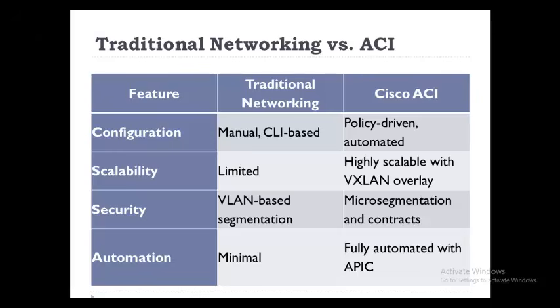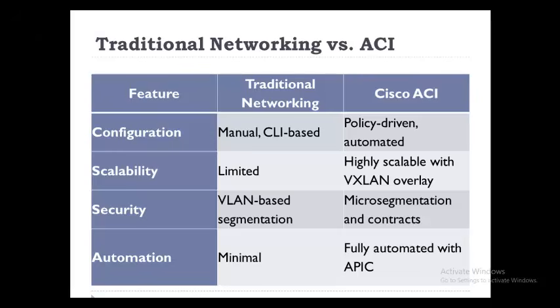Because we need to do everything manually, scalability is not that great, because when we have the three-tier architecture with access, distribution, and core, there is a big issue with scalability.